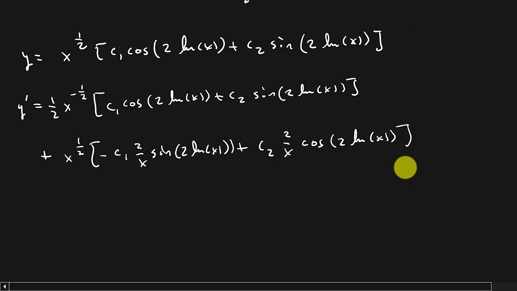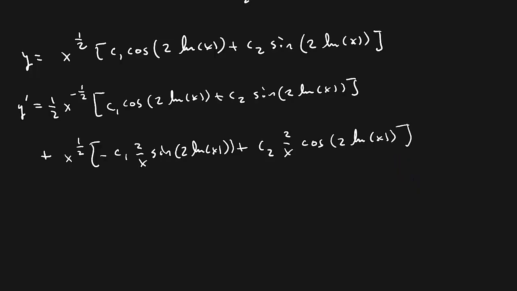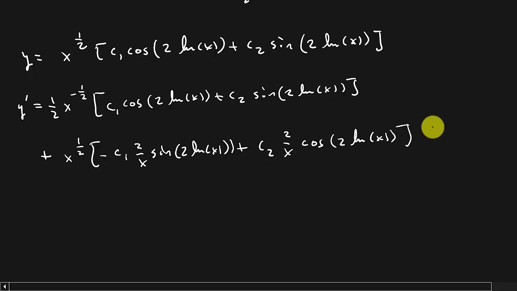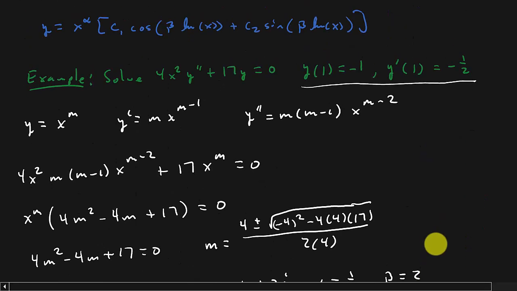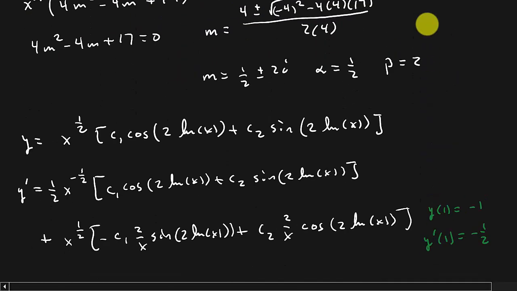I'm going to write the conditions down right here: y of 1 is equal to negative 1, and y prime of 1 is equal to negative 1/2. I just copied these down again.